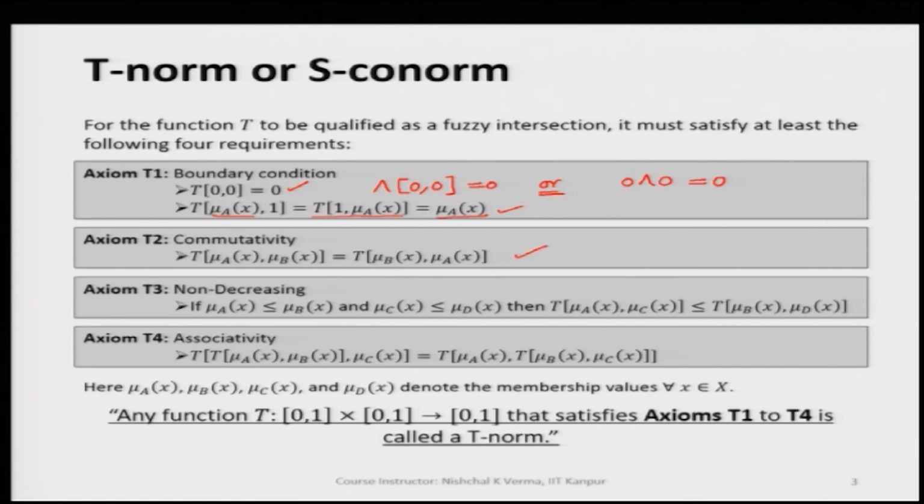Okay. Next is axiom T3, the third axiom, which is the non-decreasing property.